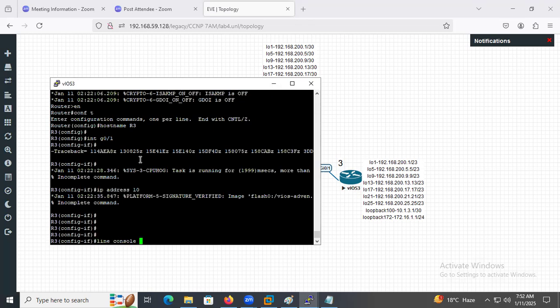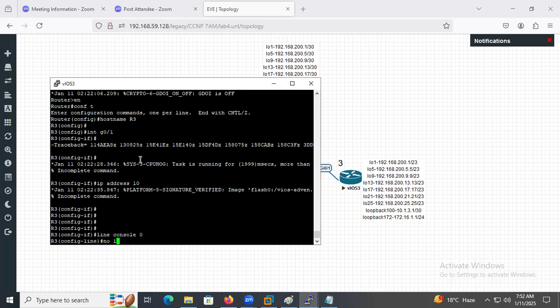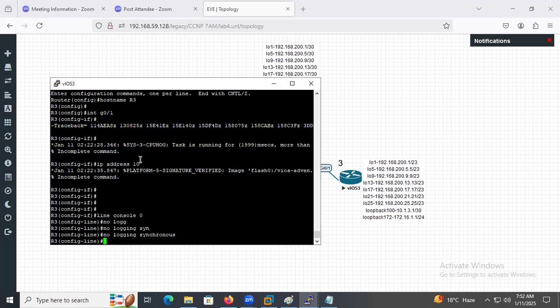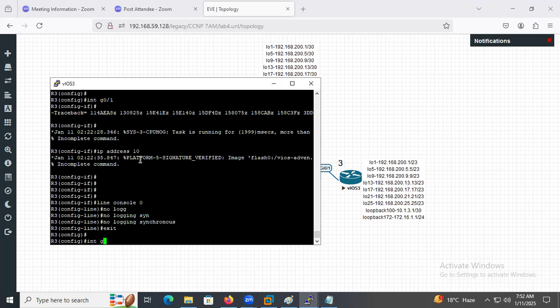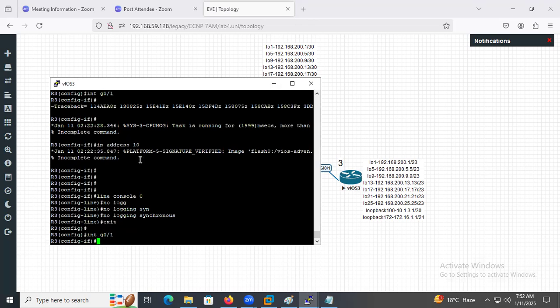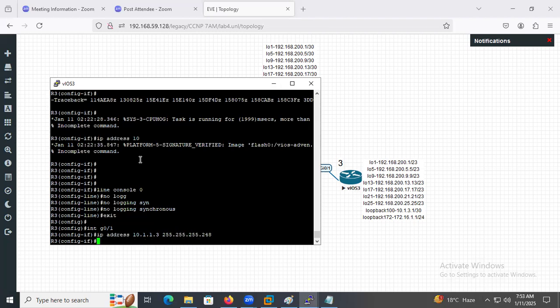Console 0, logging synchronous. Interface gigabit 0/1, IP address is 10.1.1.3, 255.255.255.248. Then no shutdown.